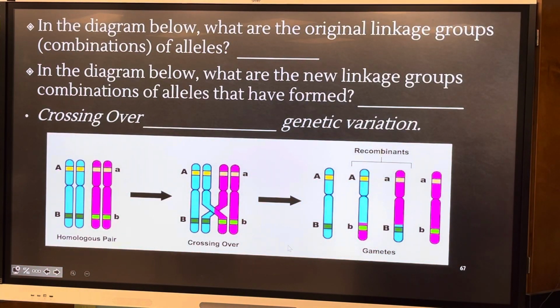So in the diagram below, what are the original linkage groups of alleles? The alleles are capital A, capital B, or little a, little b. See?